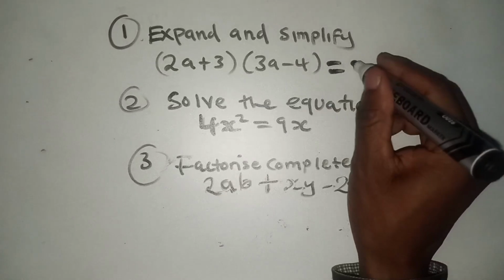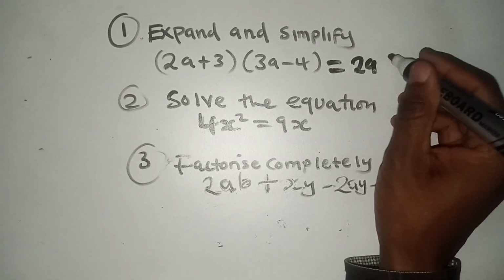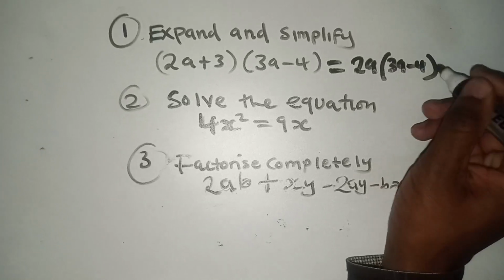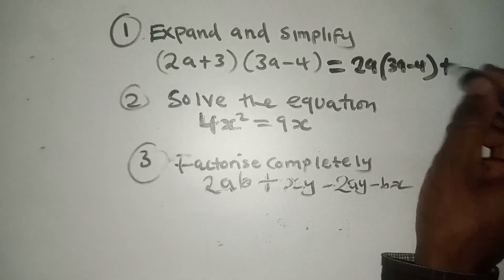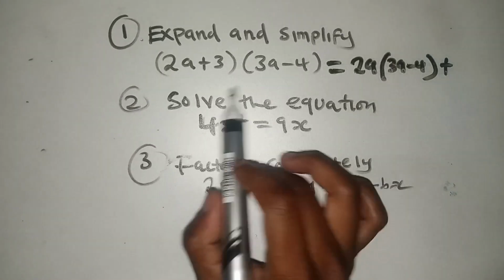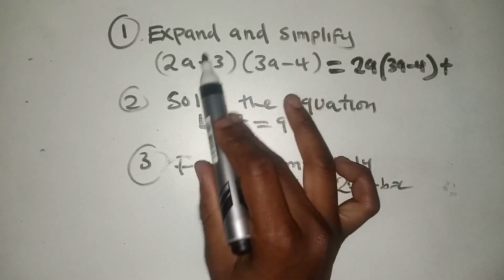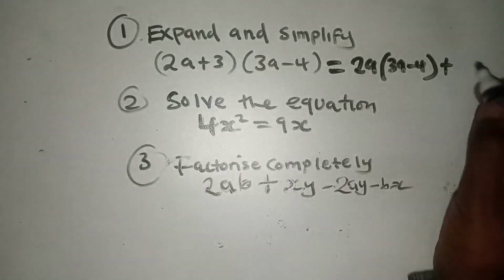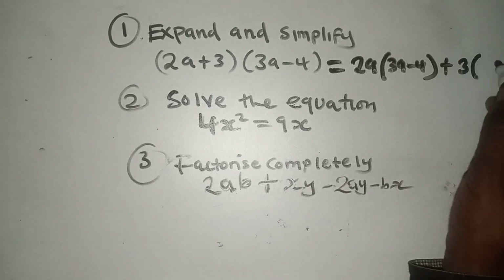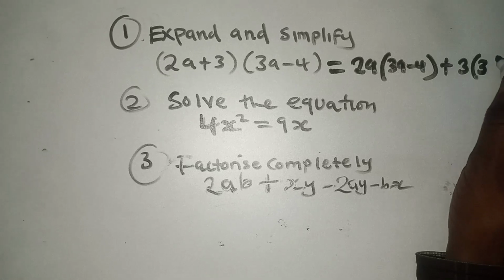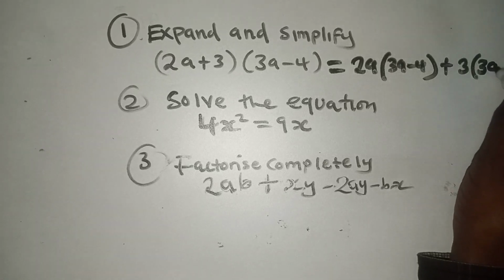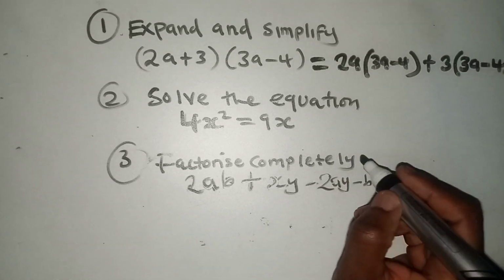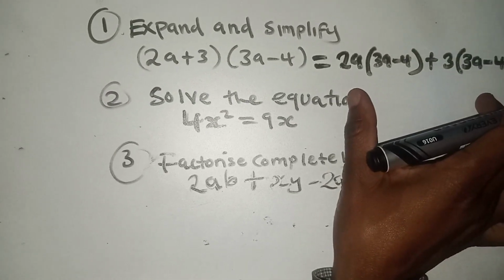So you say 2a open bracket 3a minus 4, plus. Then your second term, you also multiply with everything in your second bracket. So you say 3 open bracket 3a minus 4.